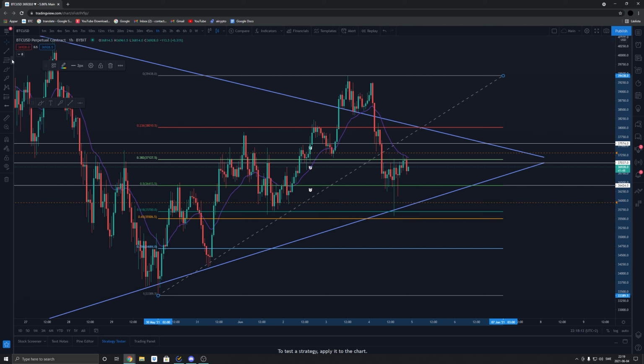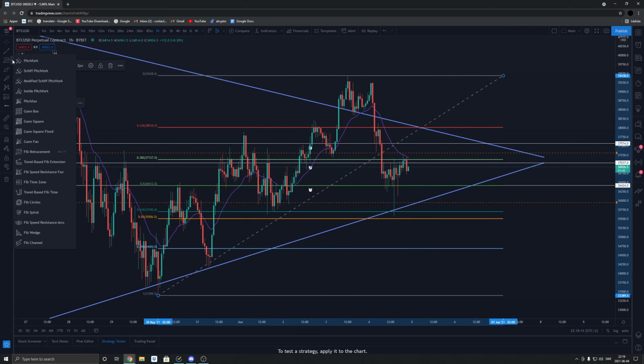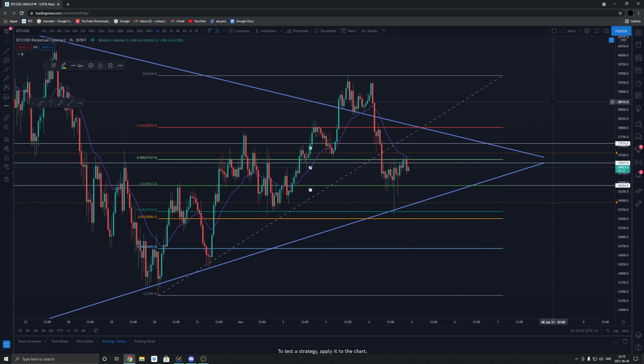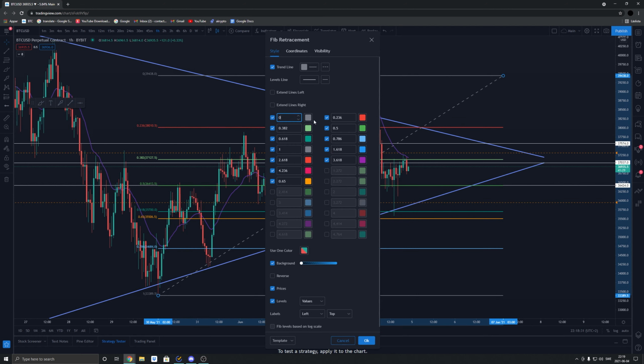By the way, to pull it out, you go here, and then you pick the Fibonacci retracement. And this golden ratio, you want to add it to your fib by adding one of these levels and writing down 0.65 here.